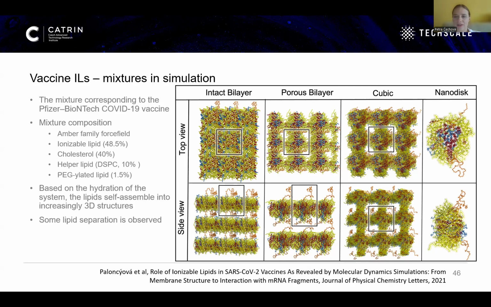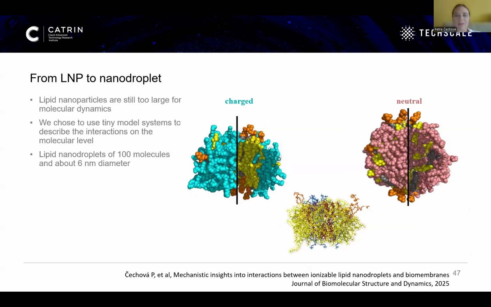And we actually made use of these nanodisks and prepared them separately for a different study. So when I talked earlier about how sometimes there is a separation of the helper lipid and ionizable lipids, you can clearly see it in the charged nanodroplet here, because in the middle there is this separated layer of cholesterol in yellow and the helper lipid in gray and orange.